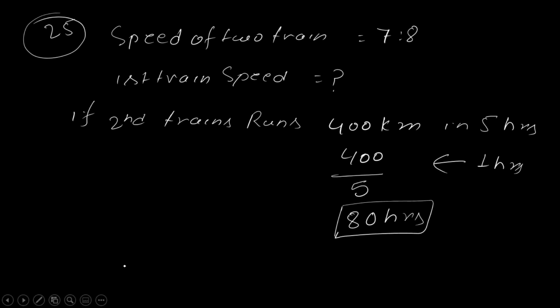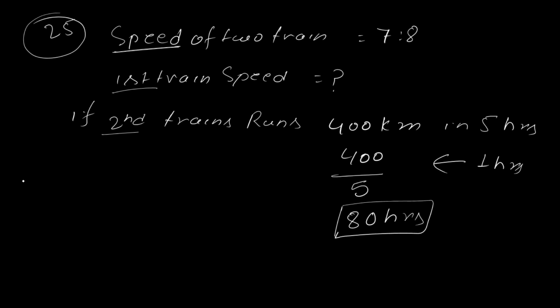Now see, we are given the ratio of speeds. The first train we have to identify, given the second train. We will form the equation.